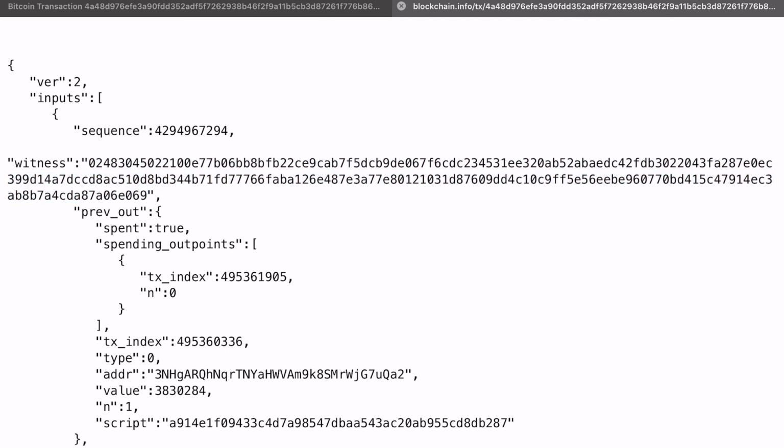The details of how the signature works are much more complicated than this. I will cover this when we talk about Bitcoin transactions.